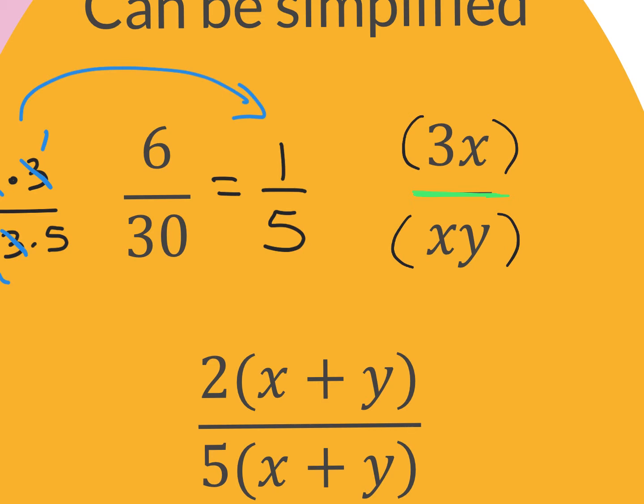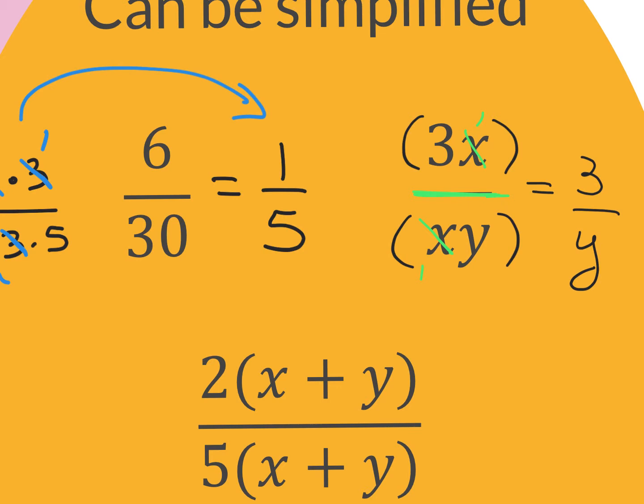So when I go to simplify this fraction, again, as long as there's no plus or minus signs here, I could just say, well, x divided by x is 1. So I could change this to a 1 and this to a 1. And now the only thing that's left is 3 over y. And my fraction is simplified.